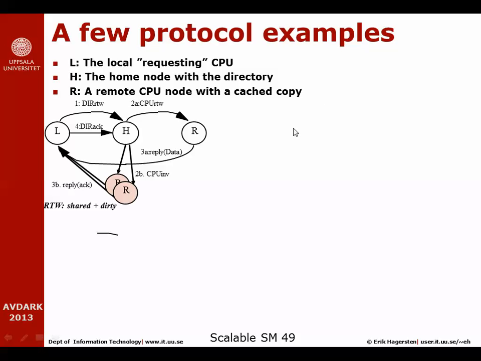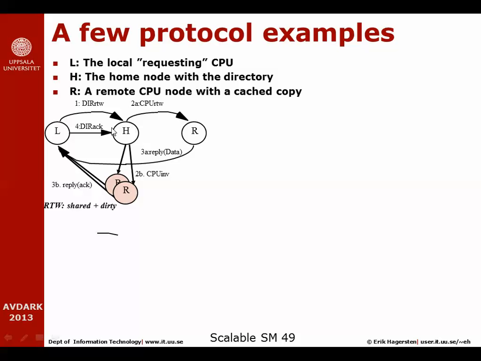So here's an example of what may happen. This is a read-to-write example where the data is shared by many nodes and it's dirty in one of the nodes. Step number one is that the local node, the requesting node, will send out a directory read-to-write request to the home node.